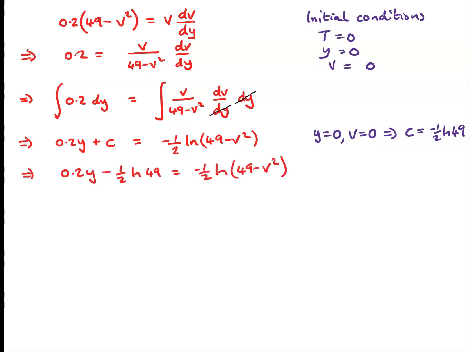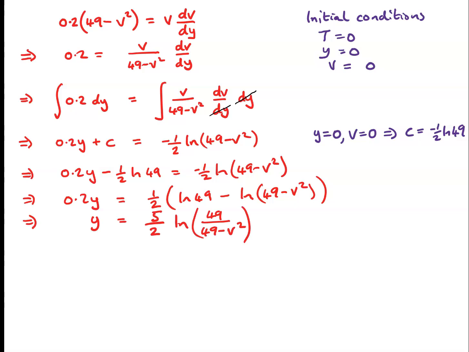So I've got 0.2y minus a half logarithm of 49 equals minus a half the logarithm of 49 minus v squared. In other words, we've got 0.2y is a half of the logarithm of 49 minus the logarithm of 49 minus v squared, which gives me that y must be 5 over 2 times the logarithm of 49 over 49 minus v squared.